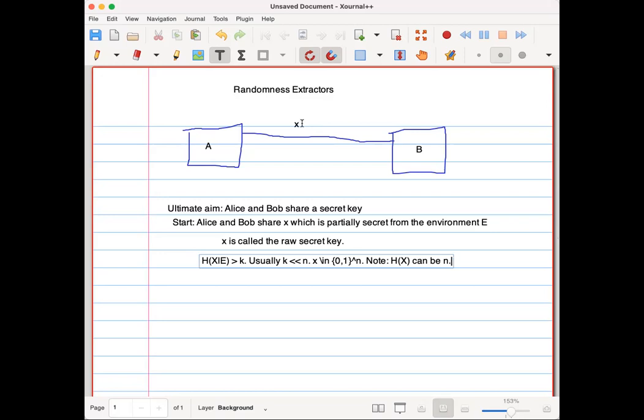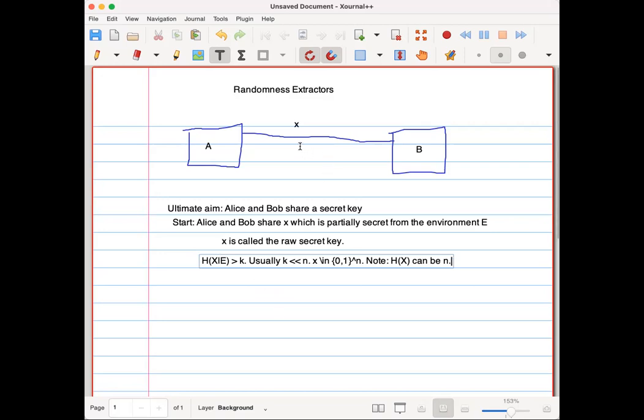It can happen because you are doing some steps of the quantum key distribution protocol. But at the end of all this business, Alice and Bob share the same string X, and H of X given E is larger than K. That's all we know. So now from this X, Alice and Bob want to extract a truly secret key.